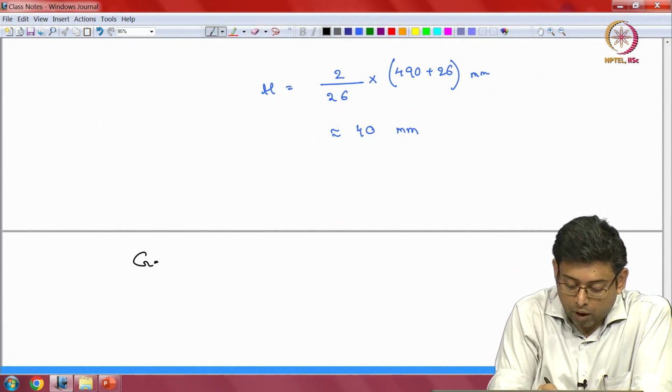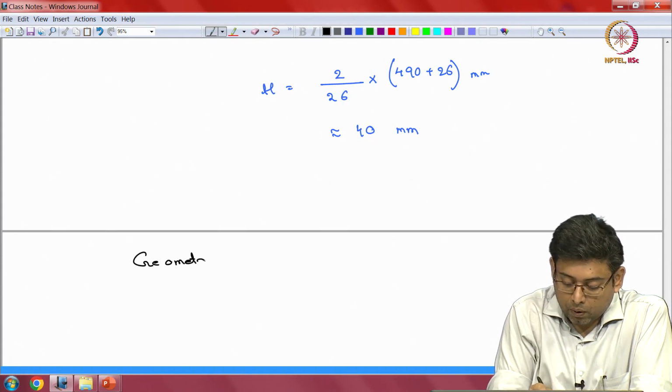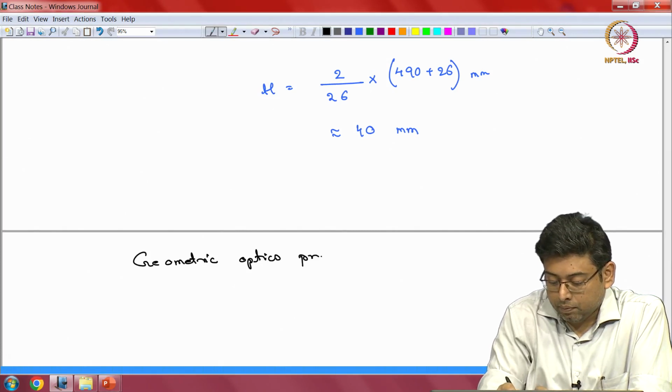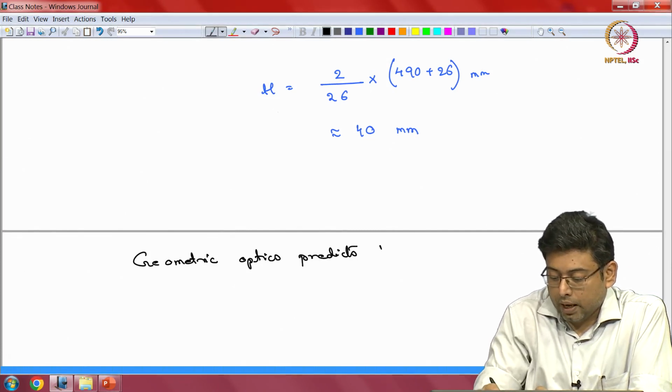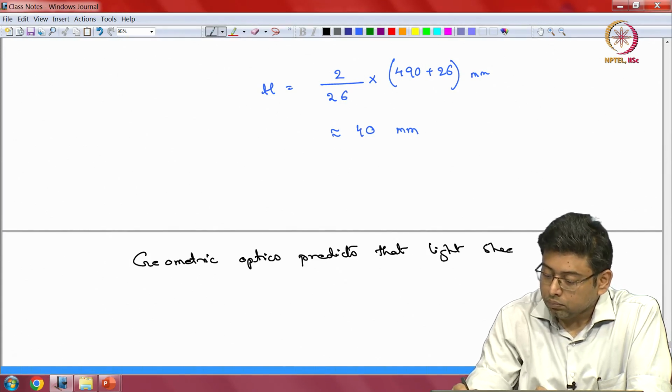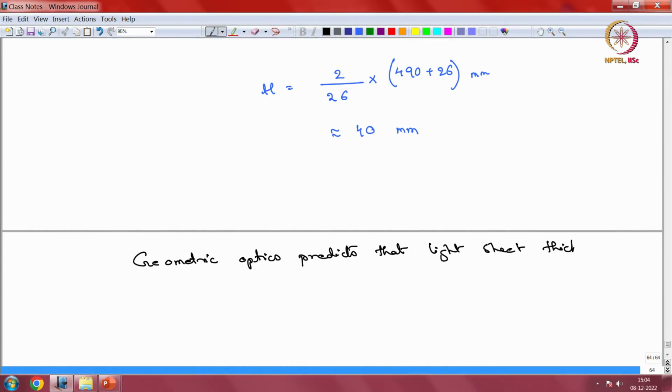Geometric optics predicts that light sheet thickness at the back focal plane is 0. This does not occur in reality.